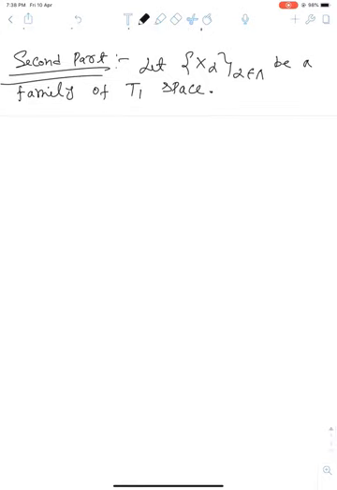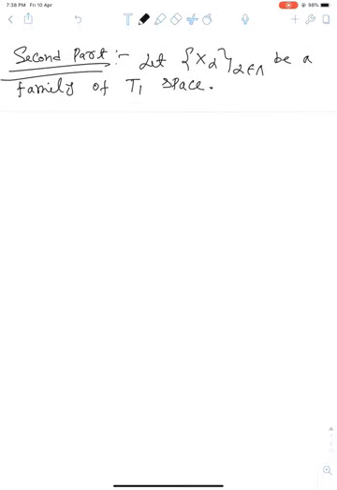Now we claim that the product of X alpha is T1 in product topology.